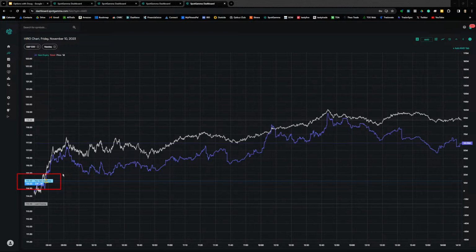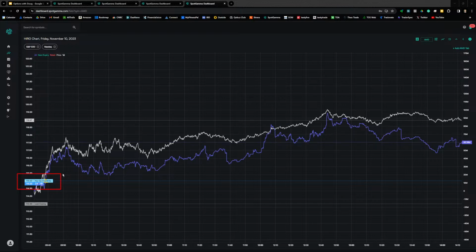So for a stock, SpotGamma assumes that traders are long calls, market makers are short calls, and as price increases, their delta increases, and they have to buy stock to hedge their delta exposure.